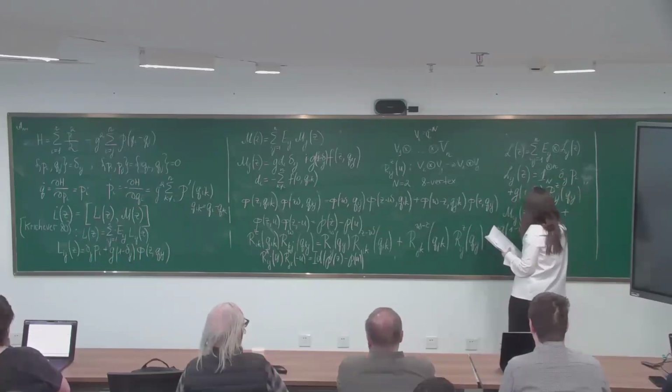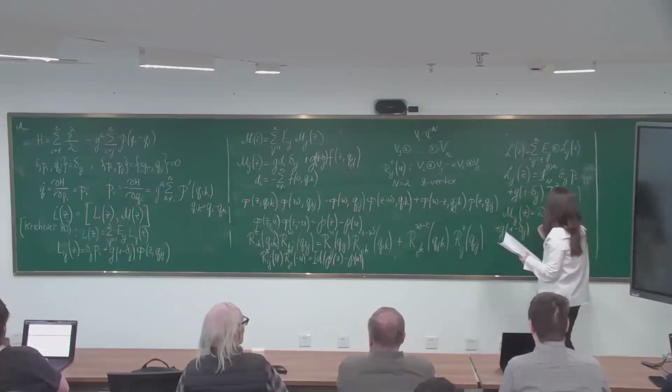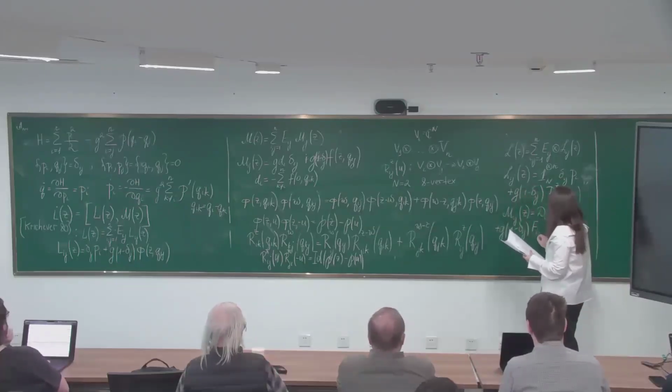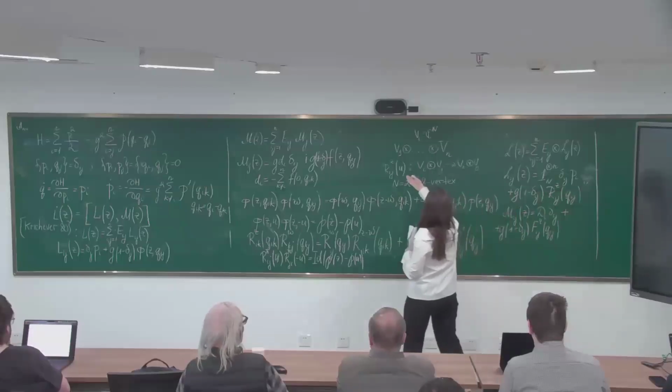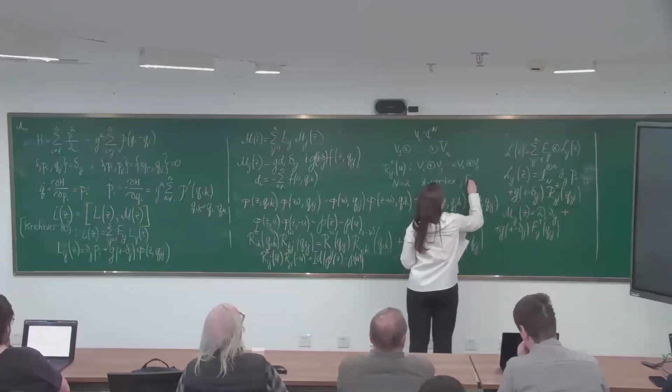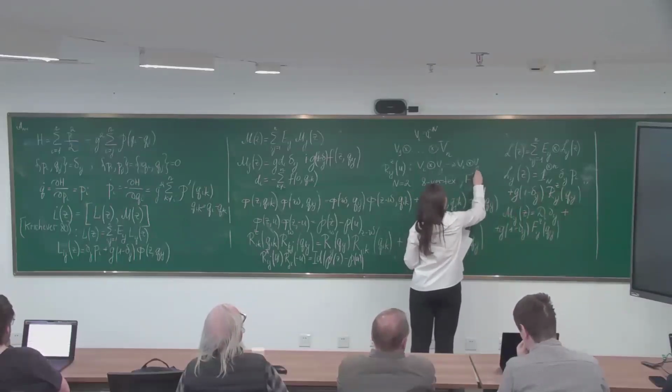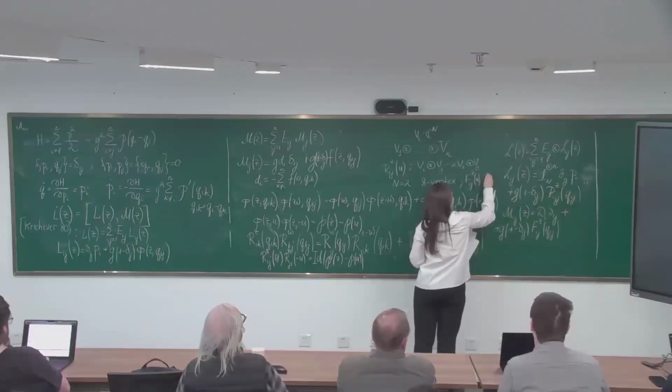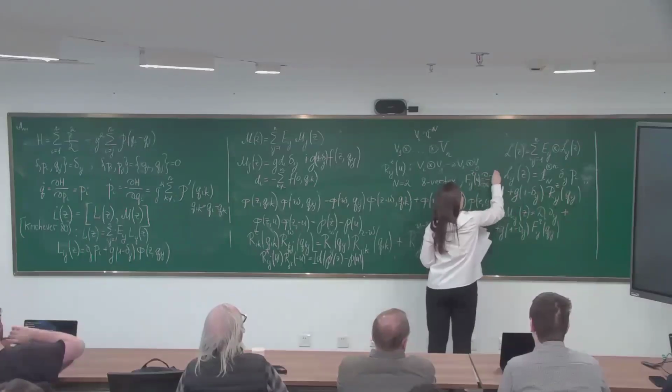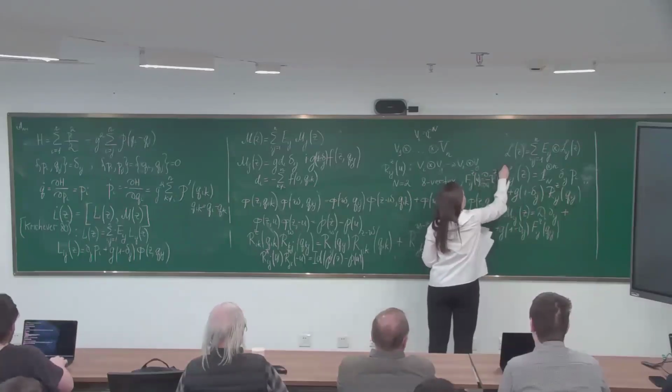On the non-diagonal you have F_ij, the derivative of the corresponding R matrix.